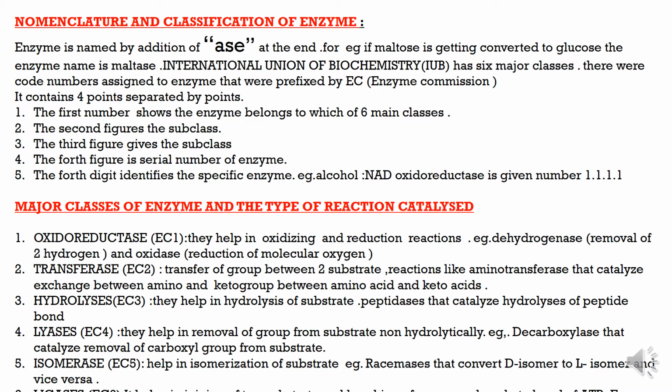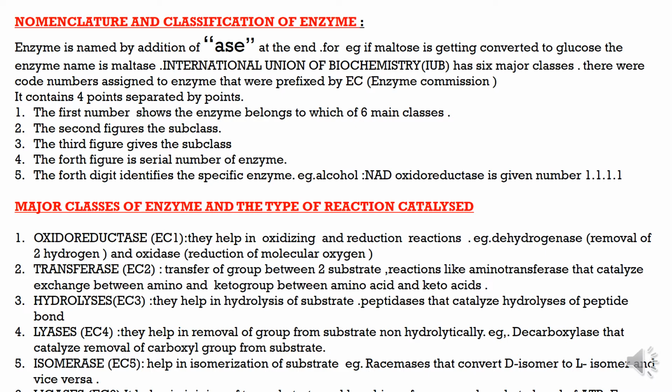Nomenclature and classification of enzymes. An enzyme is named by adding 'ase' at the end. For example, if maltose is getting converted to glucose, the enzyme name is maltase. The International Union of Biochemistry (IUB) has 6 major classes. There are code numbers assigned to the enzyme that are prefixed by EC. It contains 4 numbers separated by points.